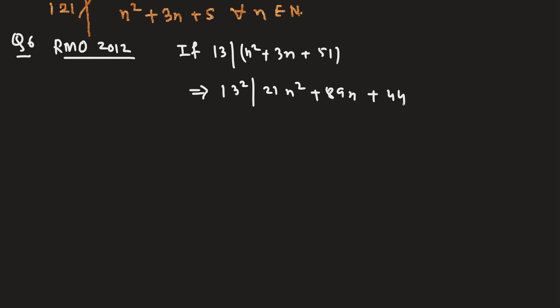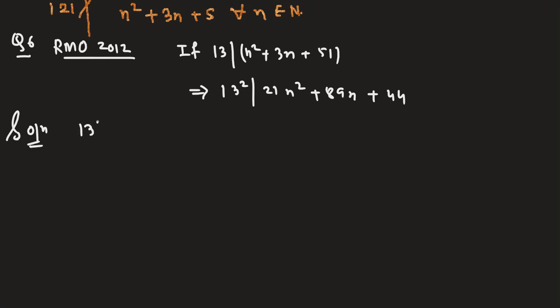Again, listen: if 13 divides n square plus 3n plus 51, then 13 square also divides 21n square plus 89n plus 44. So now our journey starts from the first expression.